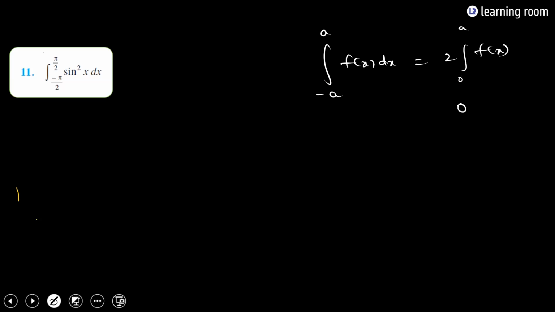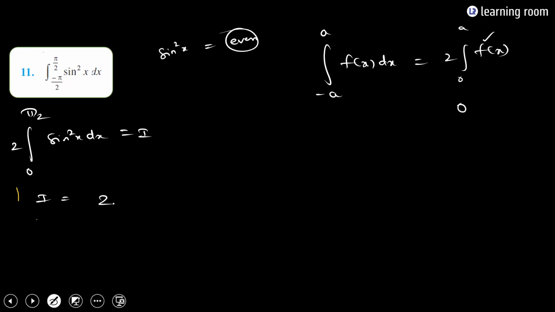If I look at this, sine square x is an even function because I have a square. So I'll get 2 into integral of 0 to pi by 2 sine square x dx. This is what is I.